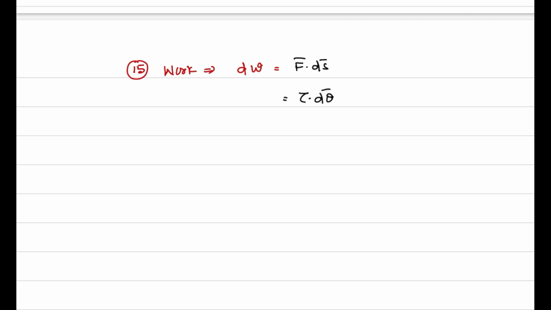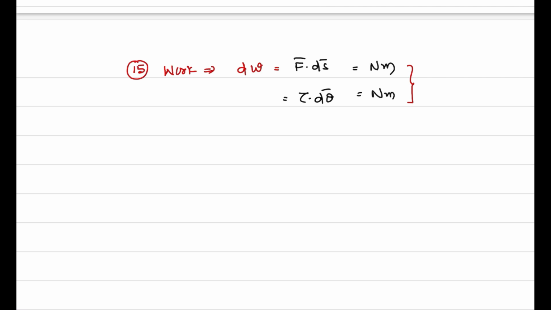But the units you see, here force times distance is Newton meter. Here torque itself is Newton meter. D theta is in radians, it is like a dimensionless quantity. That means dimensions of both are the same. That means equating force to torque is wrong.